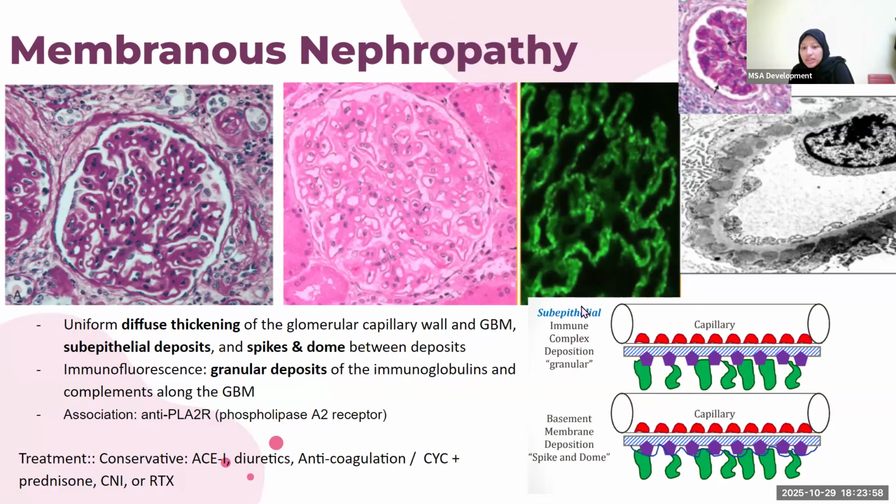A better way to explain this is that membranous nephropathy is most of the time associated with anti-PLA2R antibody, an antibody for the phospholipase A2 receptor.